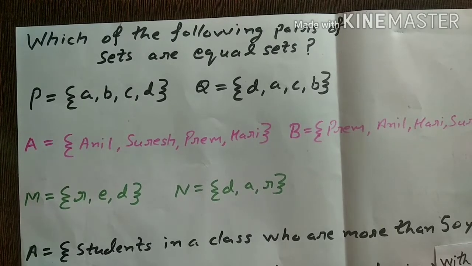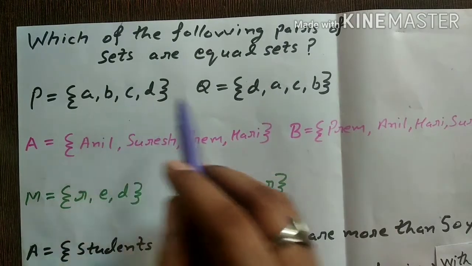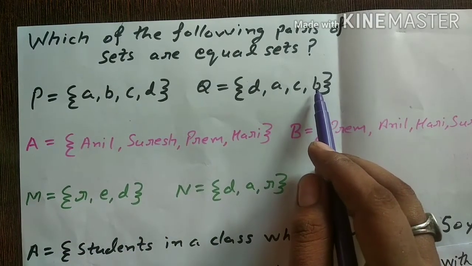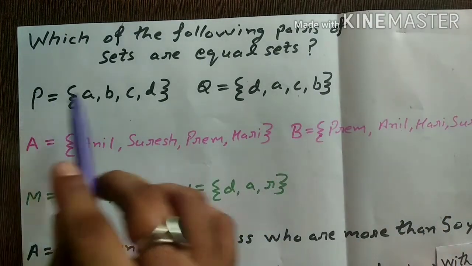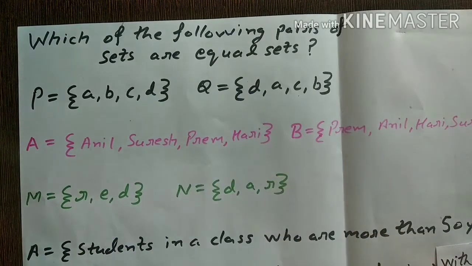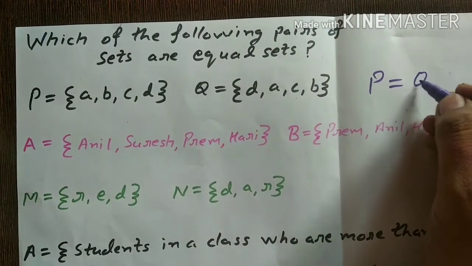Order doesn't matter in a set. Position of the member doesn't matter, but you can see that A is present in P, and A is also in set Q. B is there, B is also in Q. C is there and C is also in Q. D is in P and D is also in Q. No other member is in either set. So the members of the two sets P and Q are exactly the same. Therefore, I can write that set P is equal to set Q.